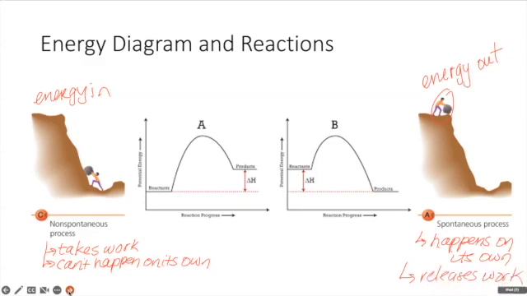You might be like, what do you mean? How does it release work? Well, when you push that rock down, it starts to build momentum, starts to build speed, starts to cause friction with the ground below it. That friction causes heat. Heat is energy.